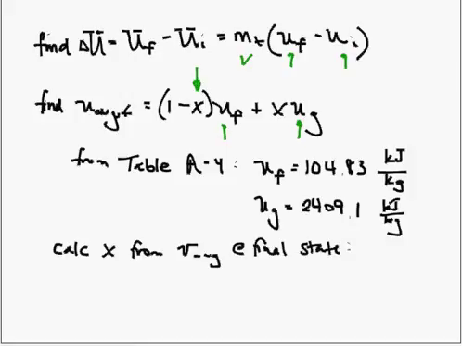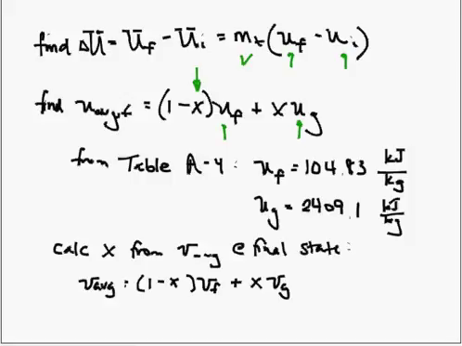As a reminder, V average equals 1 minus X, V liquid plus X, V saturated vapor.